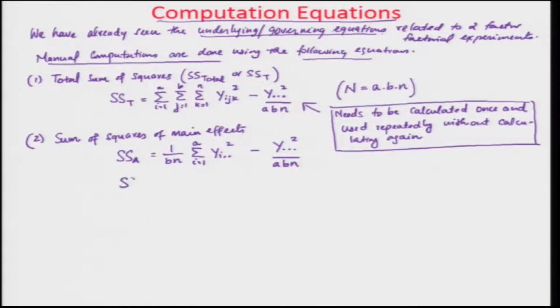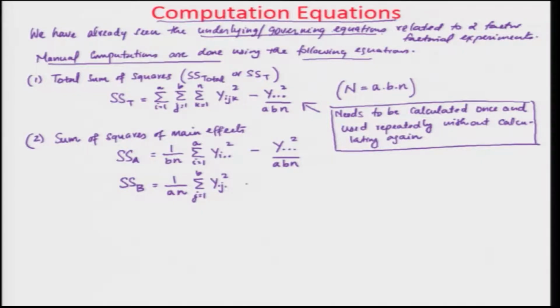And now, the sum of squares of B, the second factor, is 1 over a n, where a is the number of levels for the factor A, times sigma j equals 1 to b of y dot j dot squared, minus y dot dot dot squared over a b n. So, the index is on j.